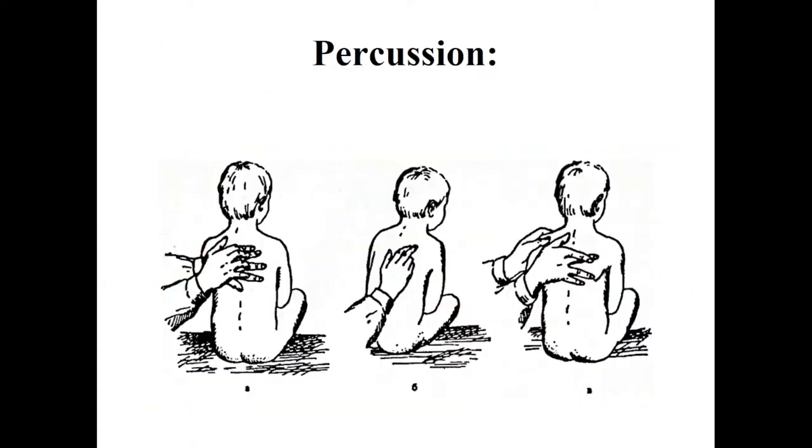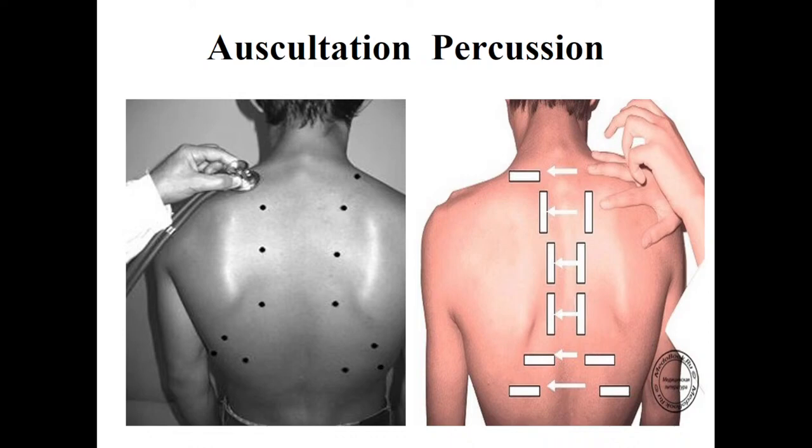Below are direct and indirect percussion techniques in children. During percussion, we compare symmetrical lung segments, right and left.